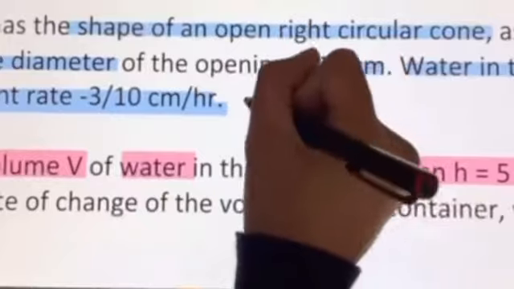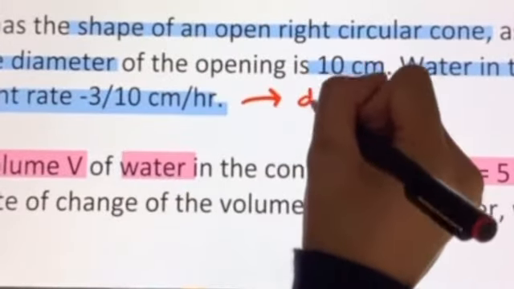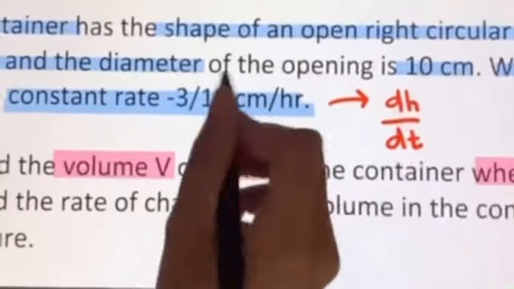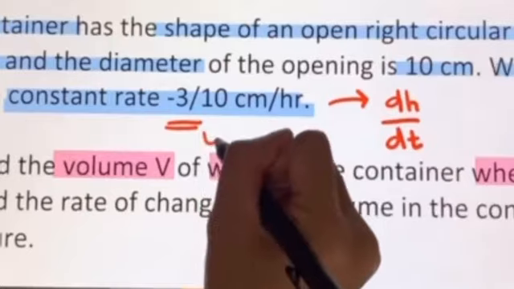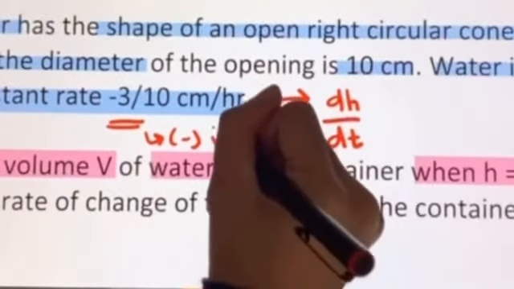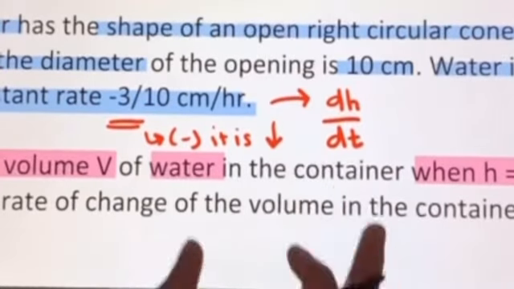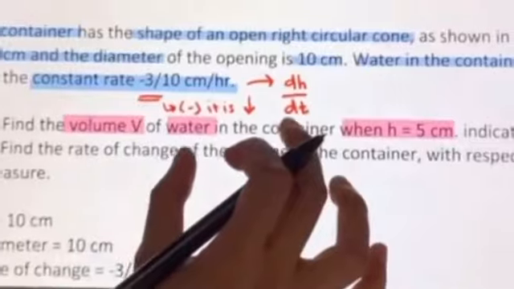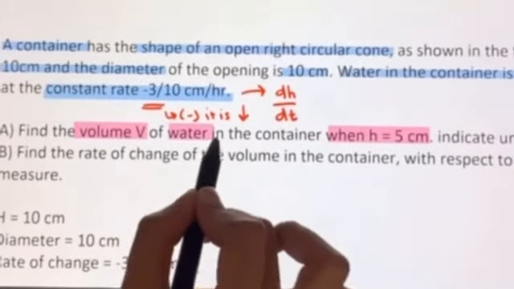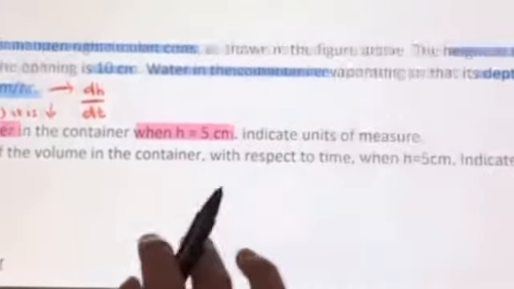This is the dh over dt. As we can see, it is negative. When it is a negative number, it means that it is decreasing. Next, we need to solve question A. Find the volume V of water in the container when h is equal to 5 cm.